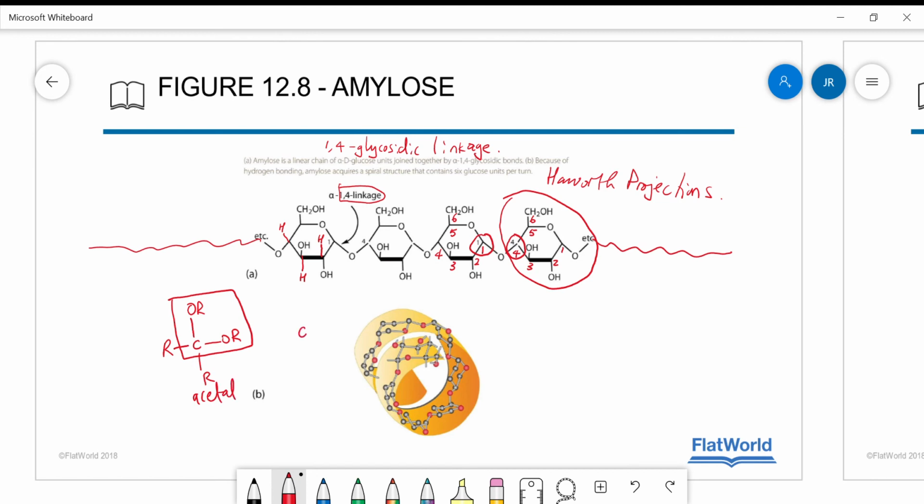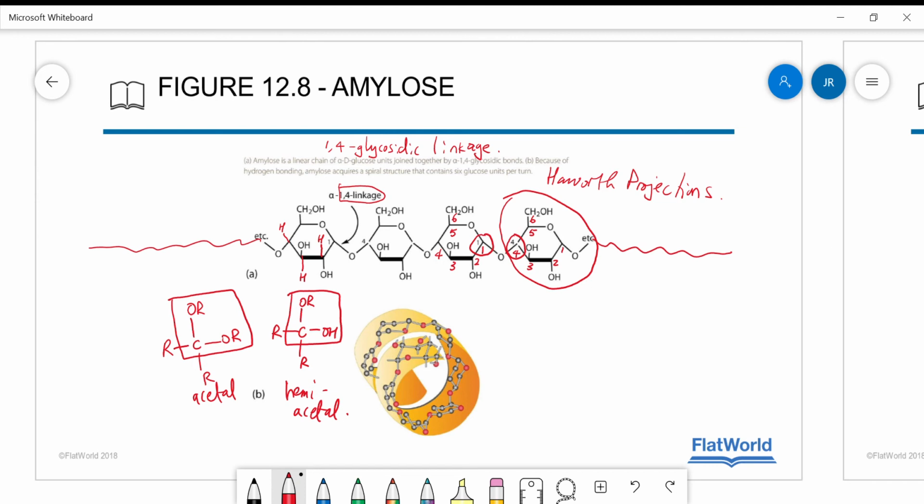And if we had just one OR and one OH, that was half of an acetal, so we call that a hemiacetal. Okay, a hemiacetal. Well, that's exactly what we have here.